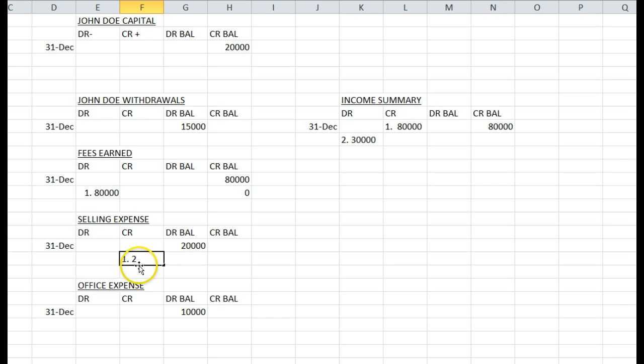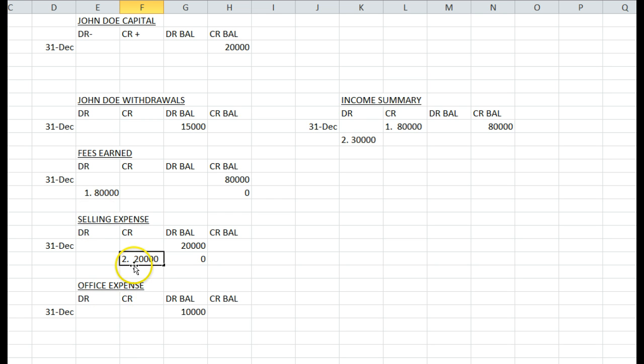So there's the $20,000 credit to the selling expense account, which leaves it with a zero balance. And then also actually this is number two, sorry. Okay, so we get that squared away.